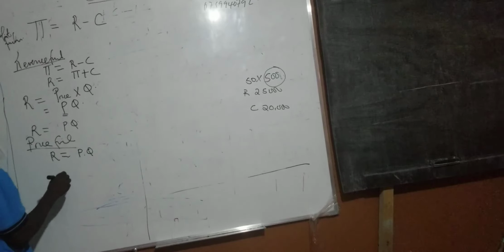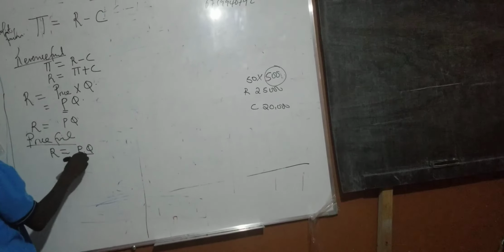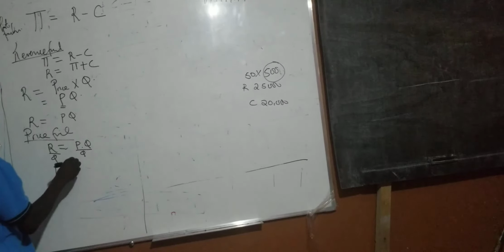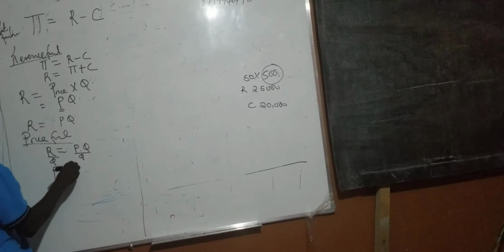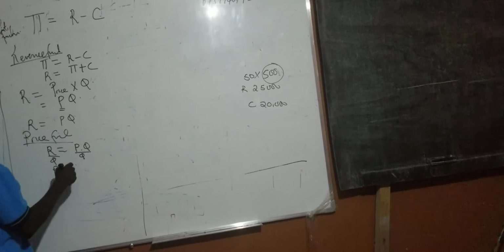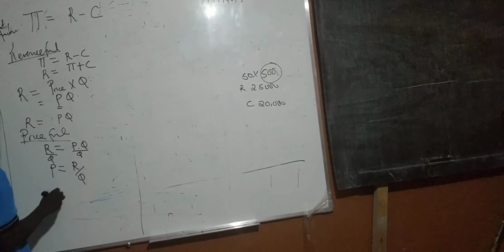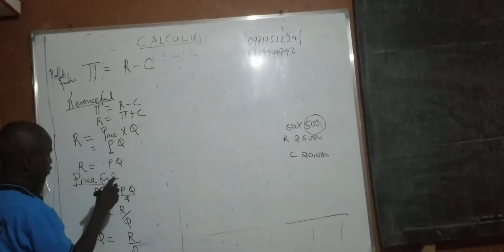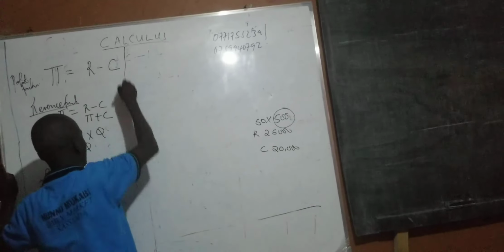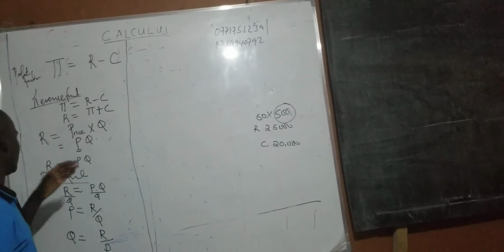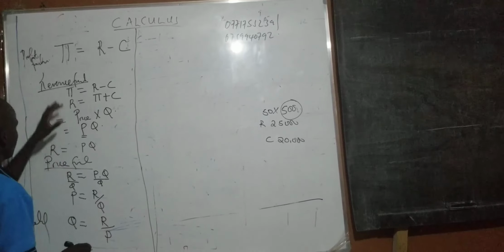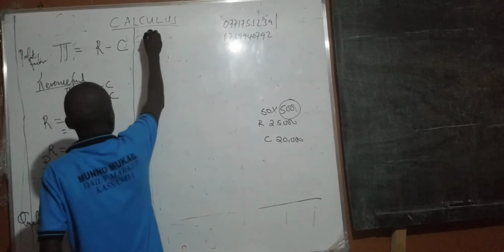So we can divide by Q, divide by Q. Therefore, price equals revenue over quantity, P equals R over Q. In the same manner, you can get the quantity function: Q equals revenue over price, still from the revenue function. So that's how we get the revenue function. This is the price function. This is the quantity function. Then the cost function.